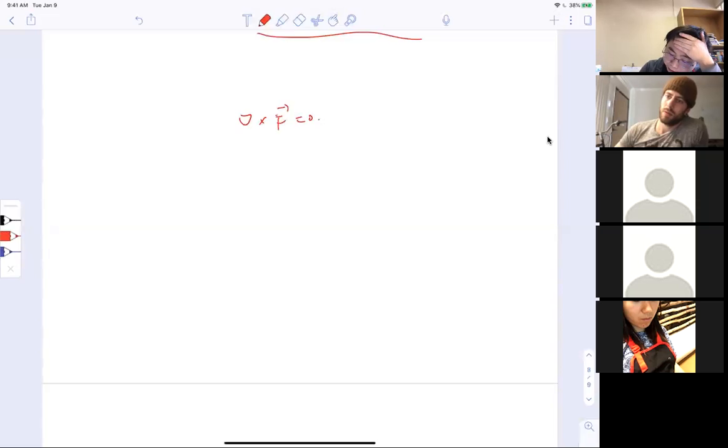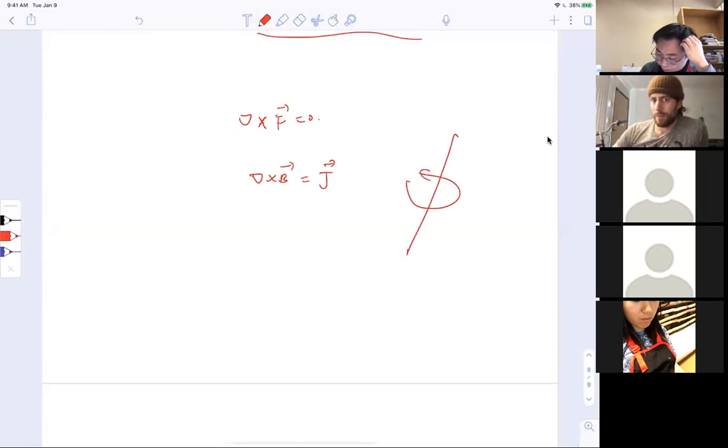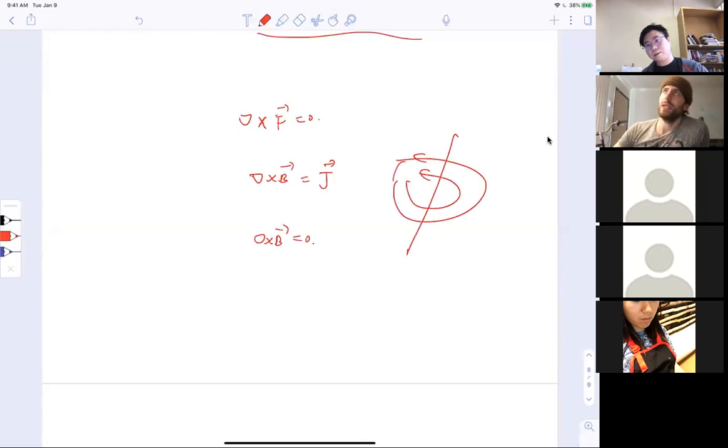What's your question? Del cross B equals J creates circular perpendicular vector fields, like this, right? So are we saying that if del cross F equals 0, that does not exist, and that is necessary and sufficient? Is it an equivalent statement that your field is conservative to say that it has no perpendicular vector forces?